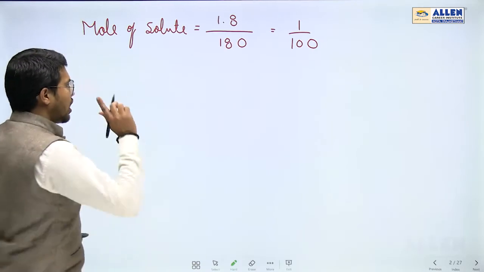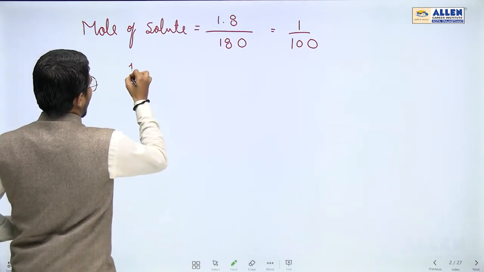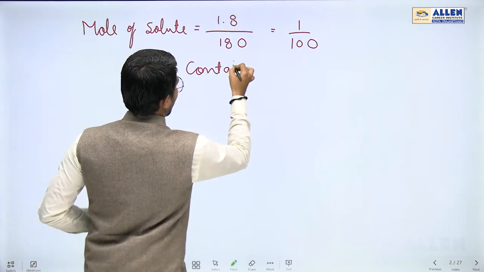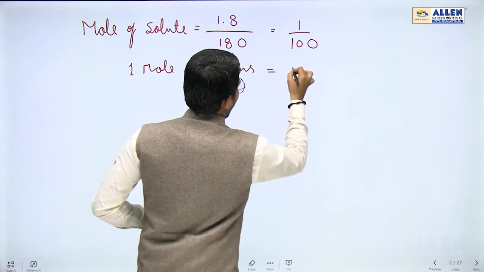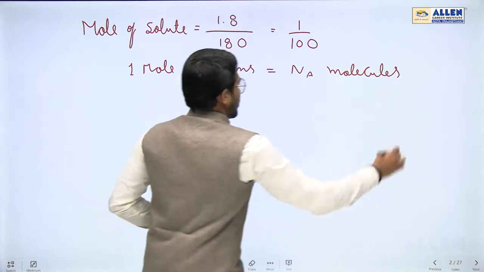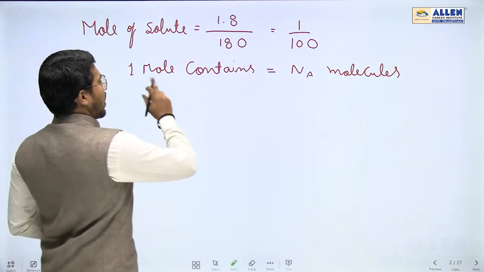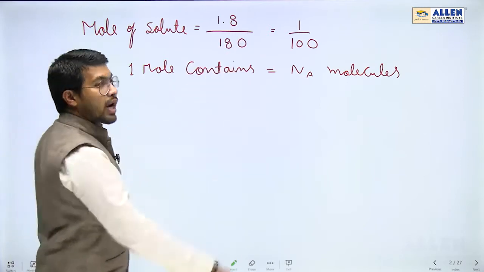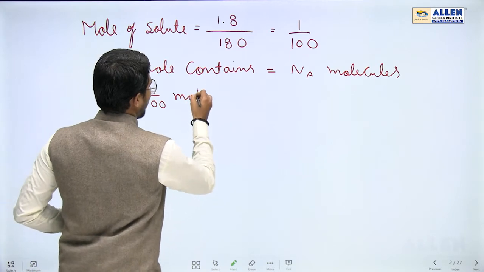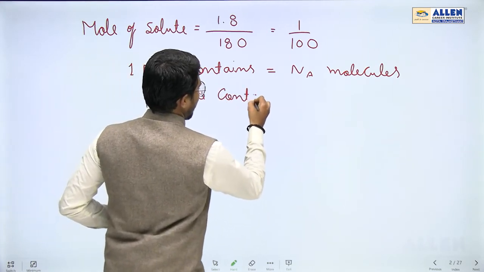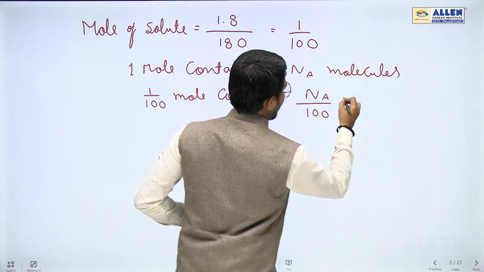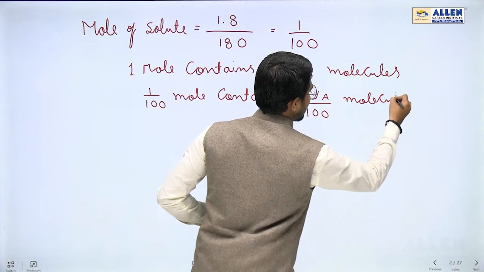Now 1 mole contains Na molecules, so 1 upon 100 mole will contain Na upon 100 molecules of glucose, correct?